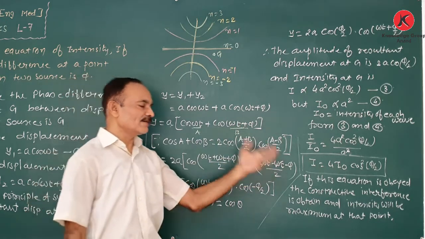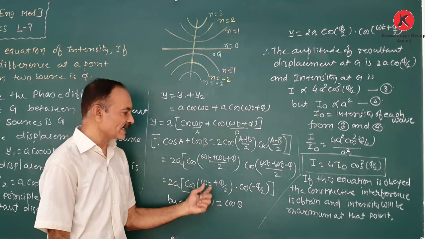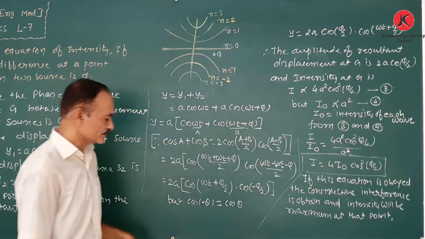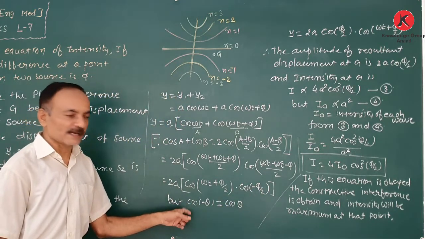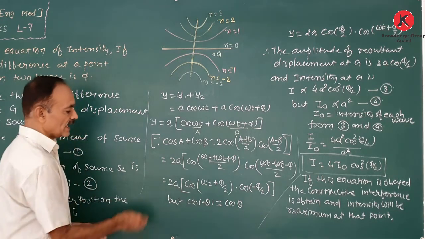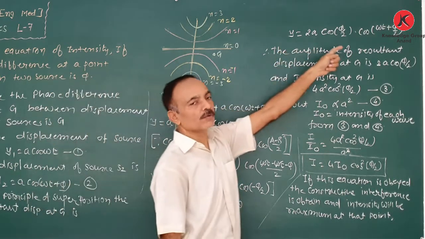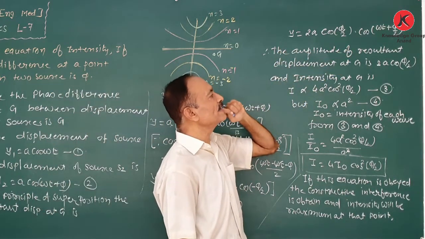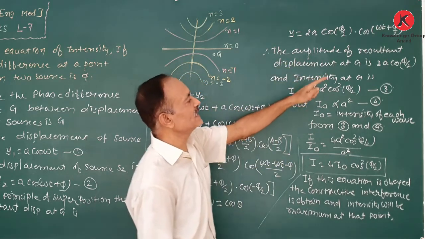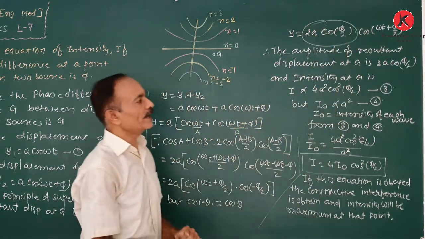So here omega t cancels. 2 times omega t divided by 2, only omega t plus phi by 2, into cos of minus phi by 2. But we know that cos minus theta is equal to cos theta. Therefore, our resultant displacement y is equal to 2A cos phi by 2 into cos (omega t plus phi by 2).